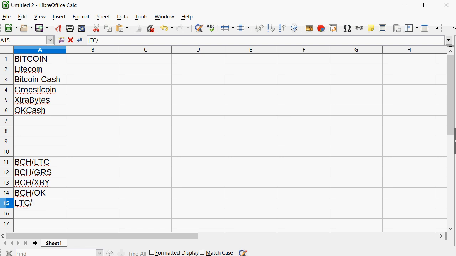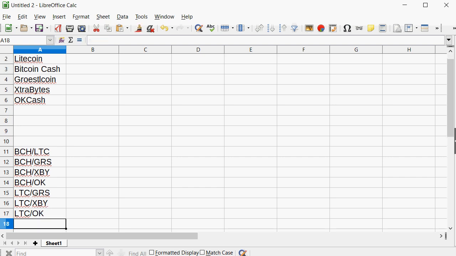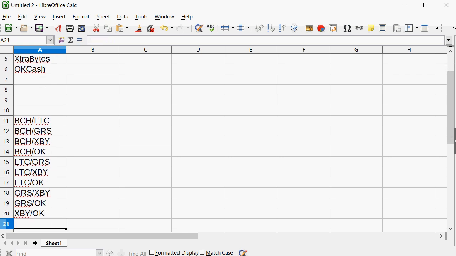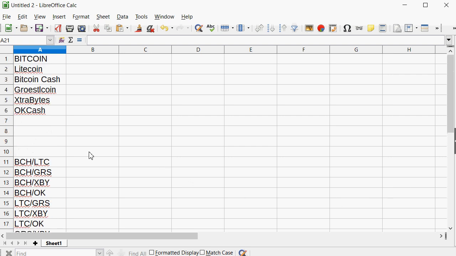So Litecoin versus GRS, Litecoin versus XBY, and Litecoin versus OK. Which means we now have the other three: GRS, XBY; GRS, OK; and XBY, OK. There are your combinations.